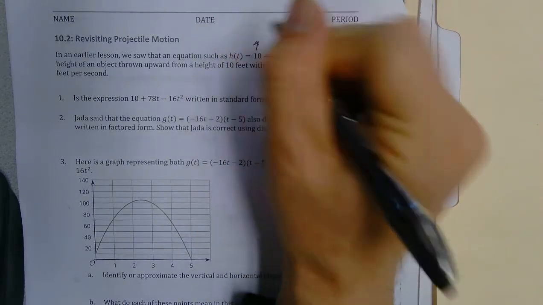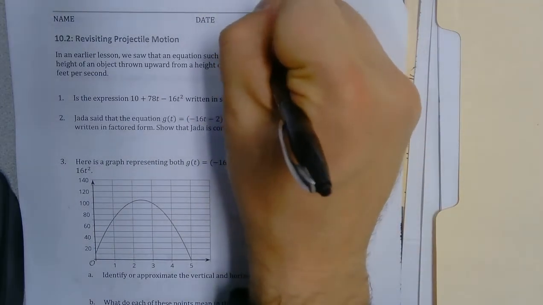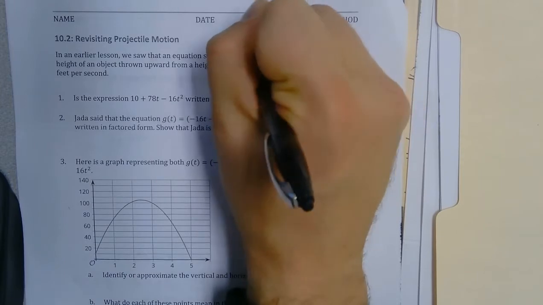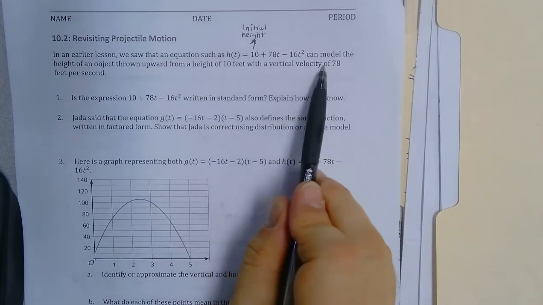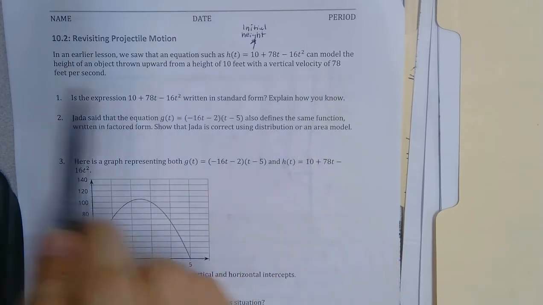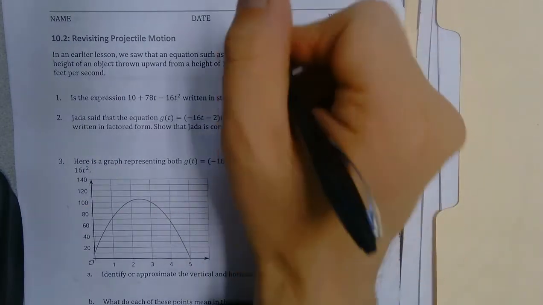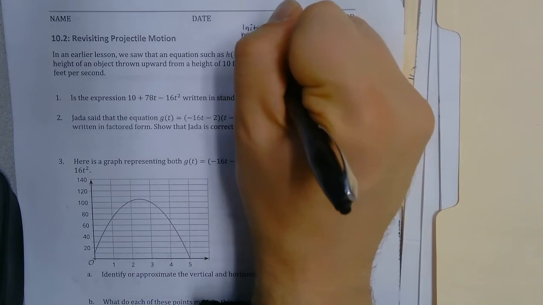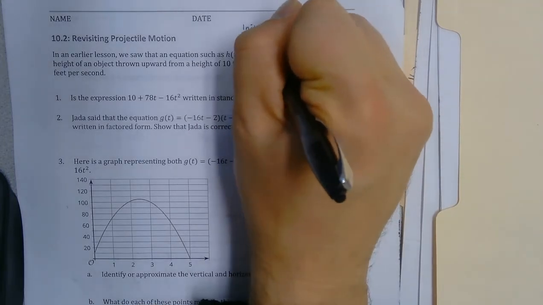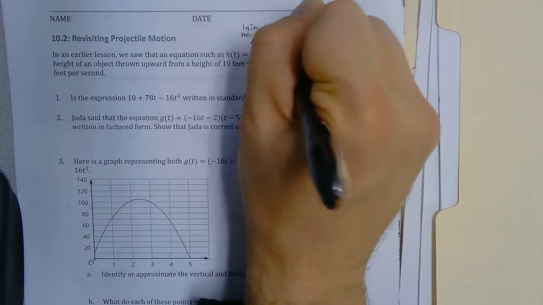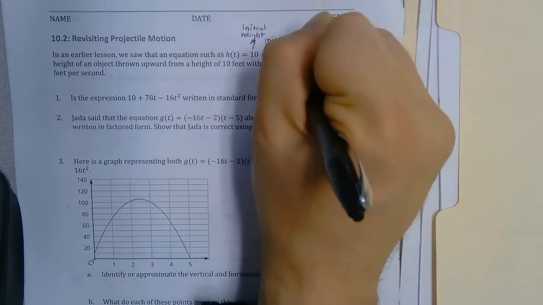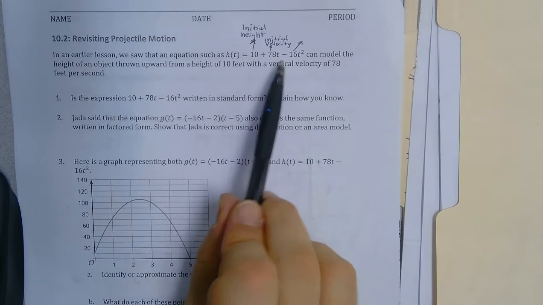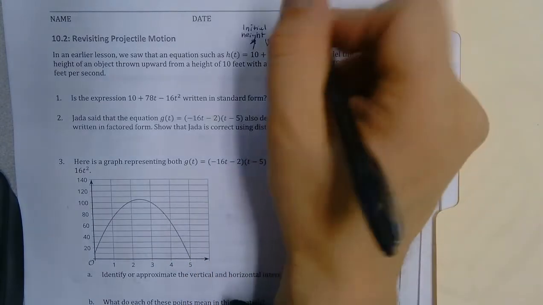So again, remember 10 is our initial height, with an initial vertical velocity of 78 feet per second. So 78 is our initial velocity. And then the negative 16t squared is gravity bringing it down.